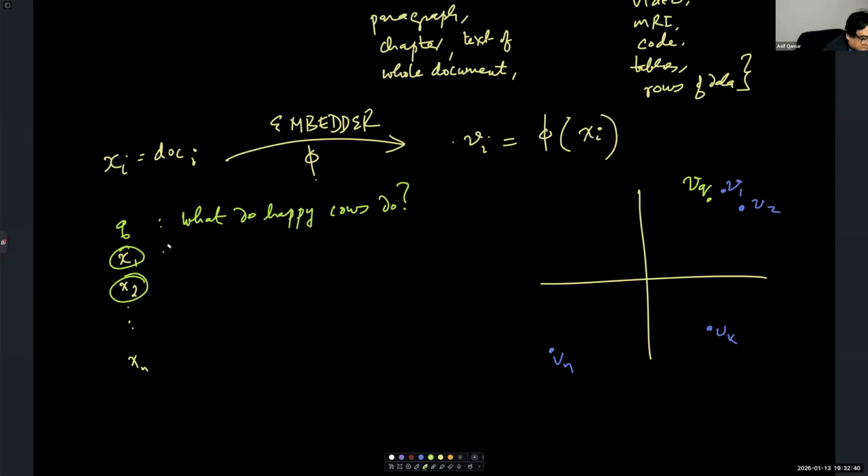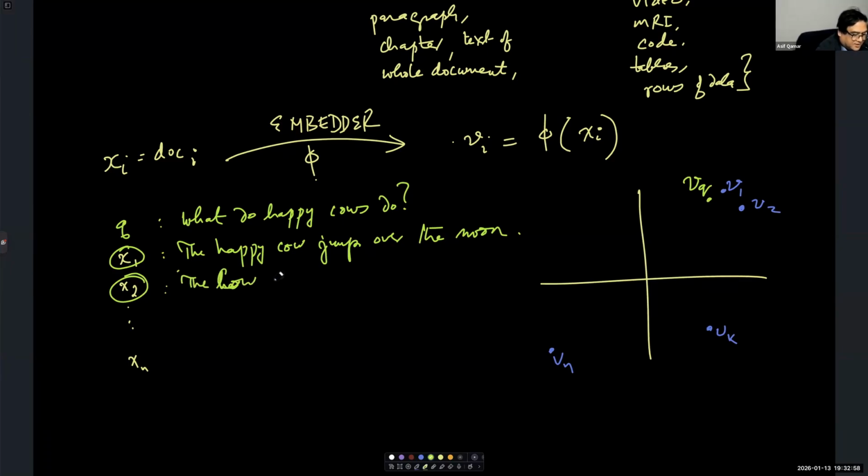And sure enough, it will say the happy cow, something like this, right? Or the cow happily in the meadow. And sure enough, they look quite relevant. Are we together? So that is the heart of it.